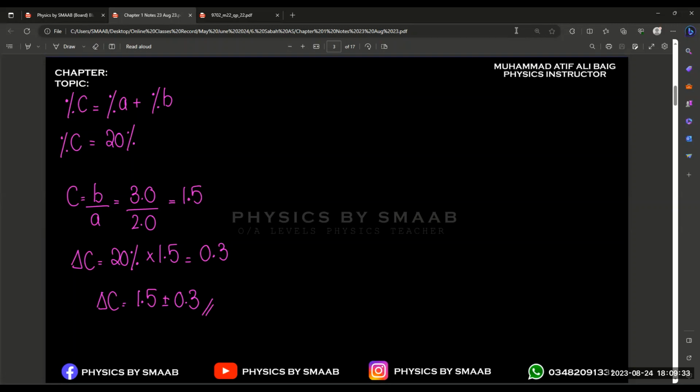Okay, and we found the value 10%, 20%. That means 20% is the error in the final value. So we just multiply that 20% with the actual value, so that will give you 0.3. So 1.3 plus minus 0.3 is the final answer for the quantity that we were calculating last time.